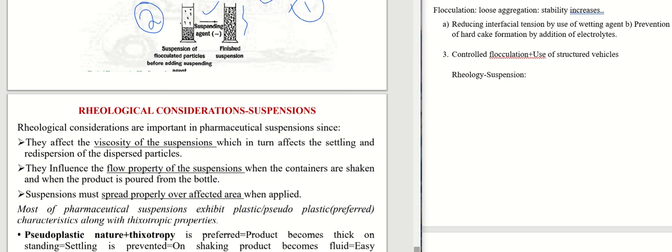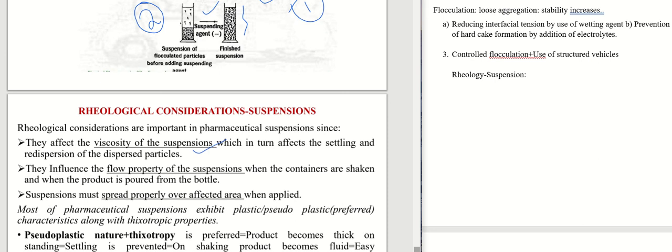As we all know, from the customer point of view, we should prepare a formulation in such a way that it should be easily pourable. If we are considering a liquid dosage form, we should make sure that it is easily pourable out of the container. And it should be easily spreadable over the skin if it is supposed to be for external use. So here the viscosity of a suspension plays a major role.